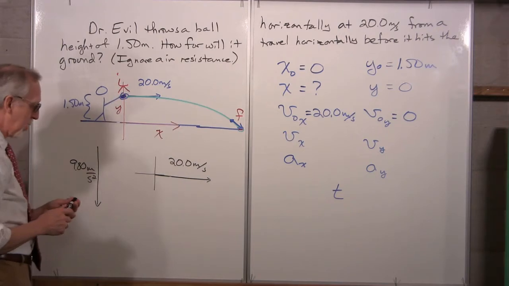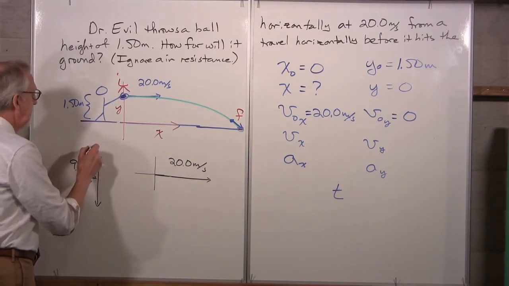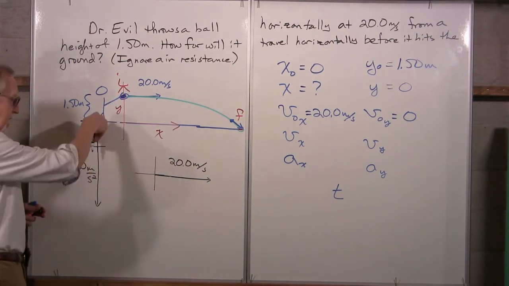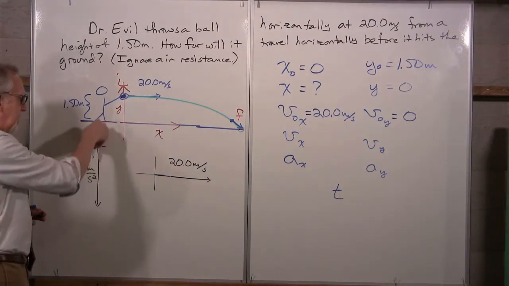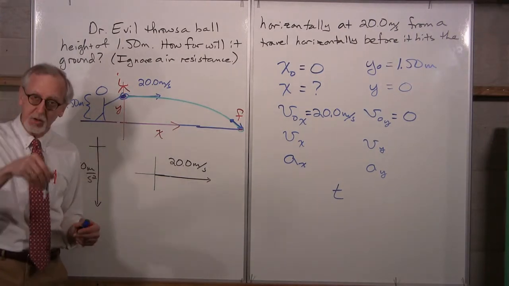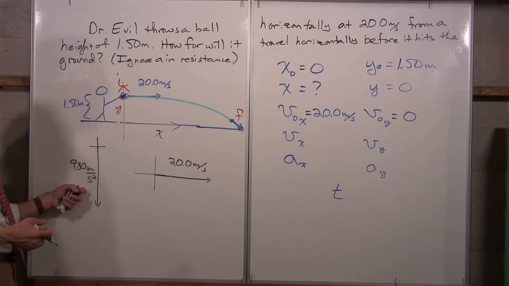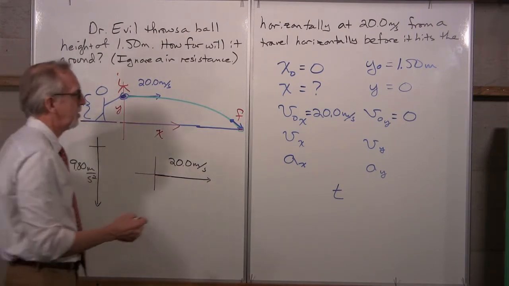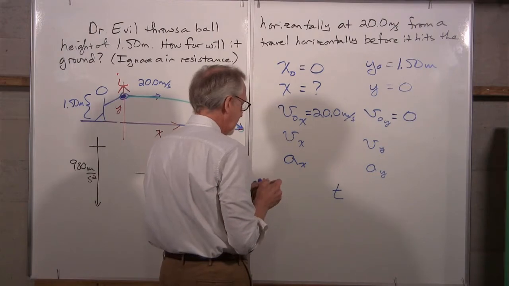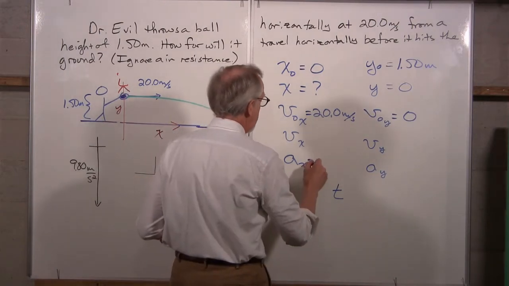Again, let's put our axes over here at the end of our vector. That vector is pointing straight down in the vertical direction, so what's the x component of that vector? Well, the x component of that has to be 0. So we know that a sub x is 0.